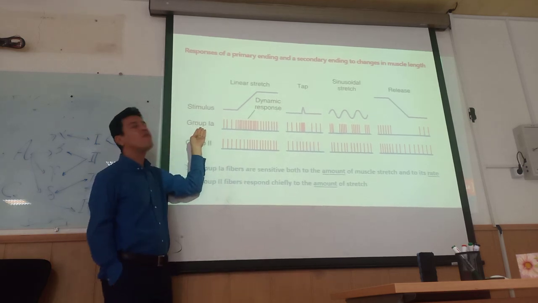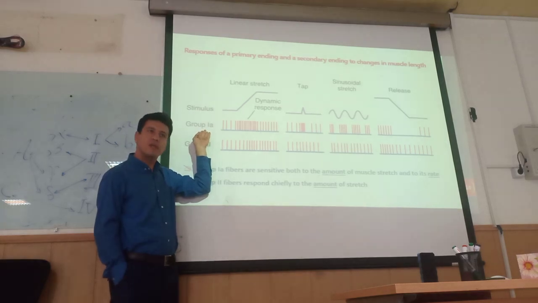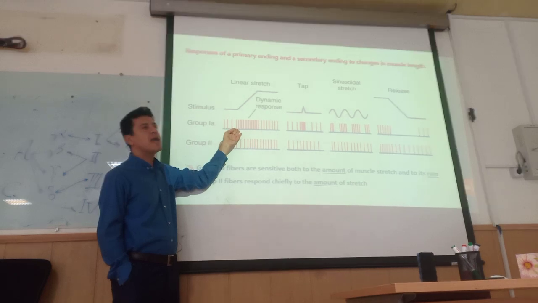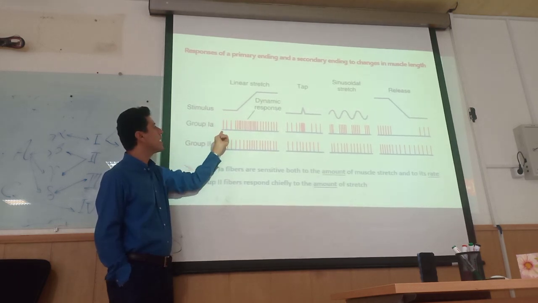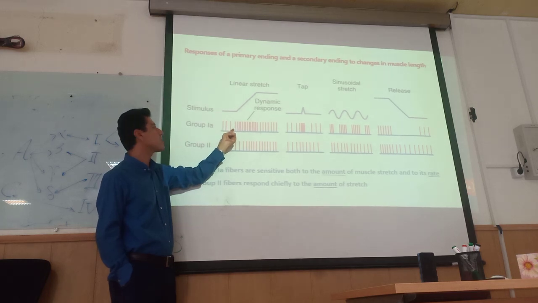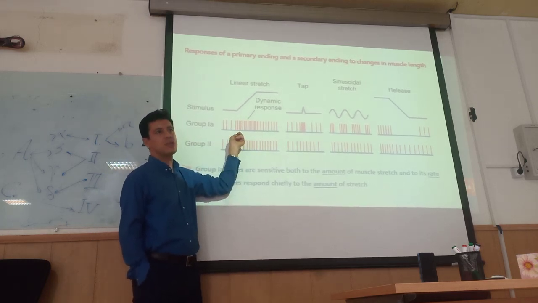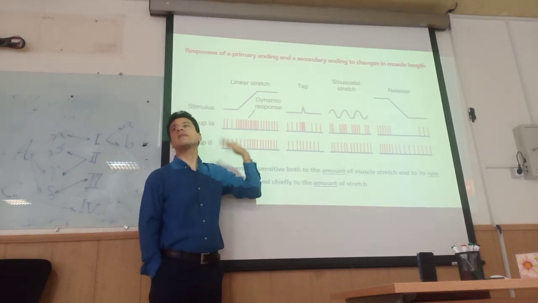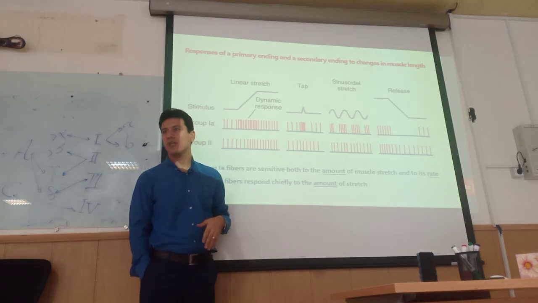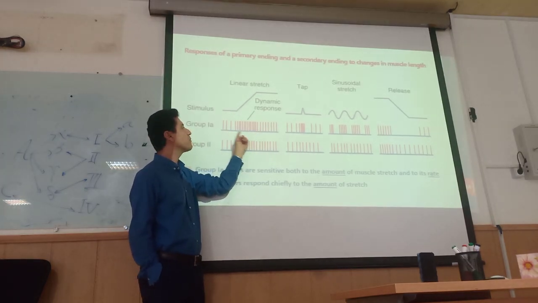So, a group 1A receptor that sends both dynamic response and static response behaves like this. In the resting state, when there is no stretch, it sends some action potentials. During the stretch, it sends a lot of action potentials.